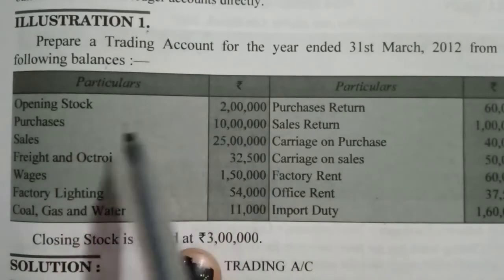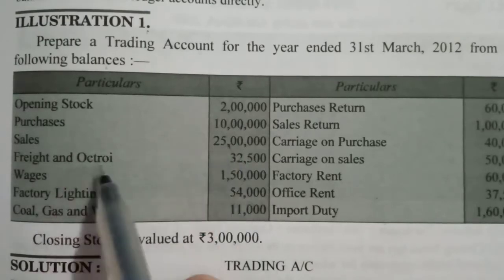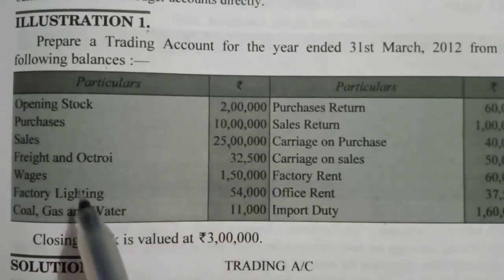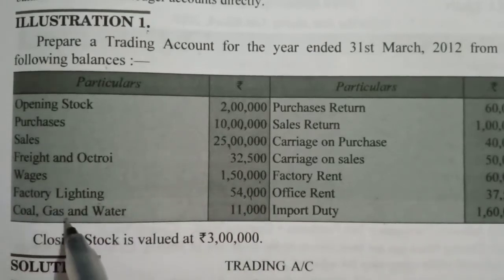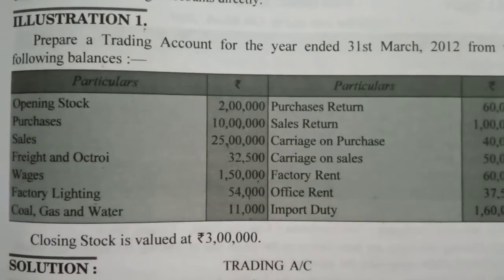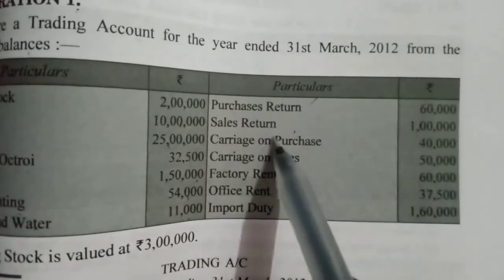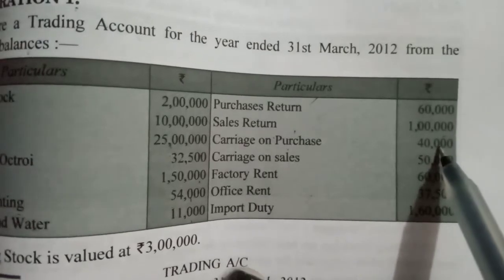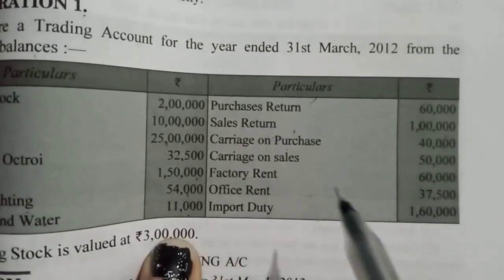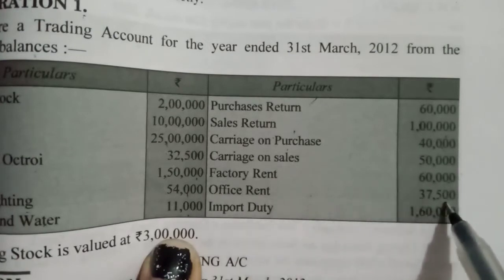Opening stock 2 lakh, purchase 10 lakh, sales 25 lakh, freight and octroi 32,500, wages 1,50,000, factory lighting 54,000, coal, gas and water 11,000, and purchase return 60,000, sales return 1 lakh, carriage on purchase 40,000, carriage on sales 50,000, factory rent 60,000, office rent 37,500, import duty 1,60,000.